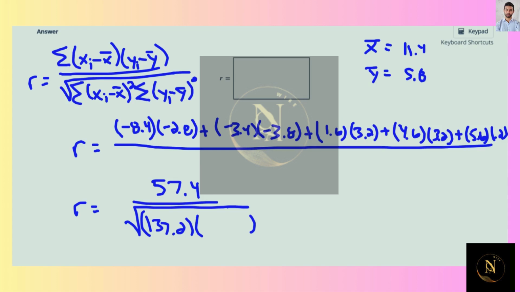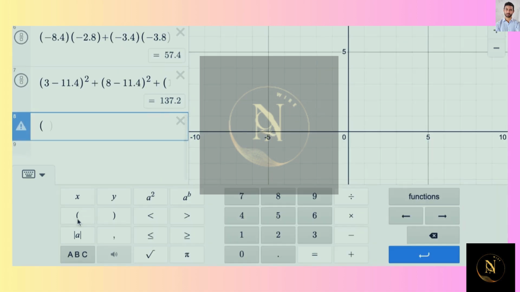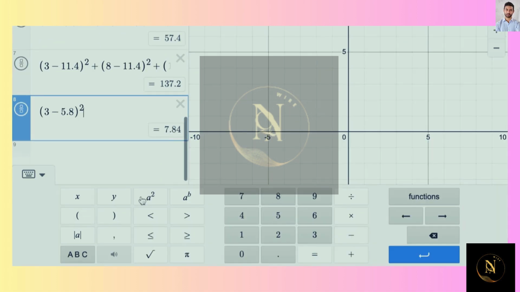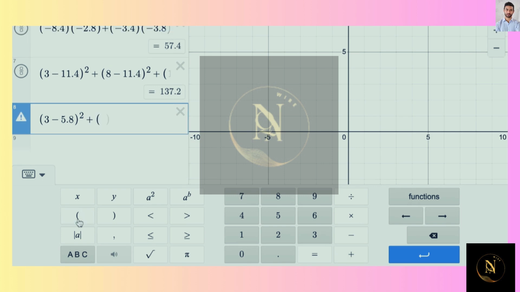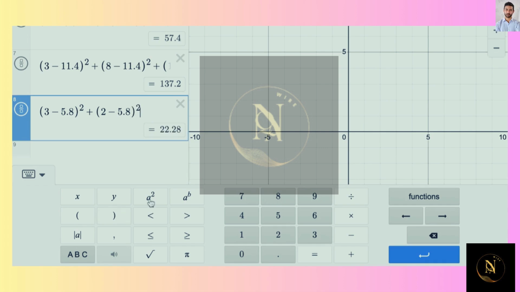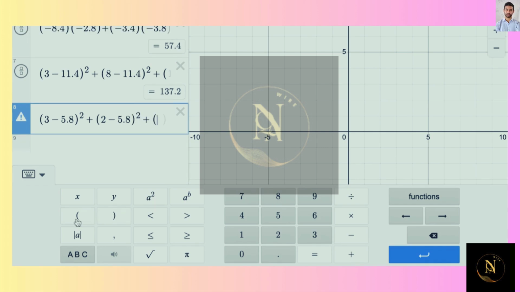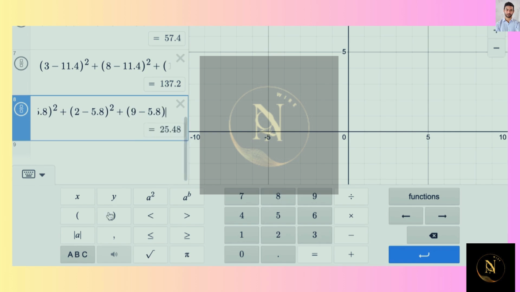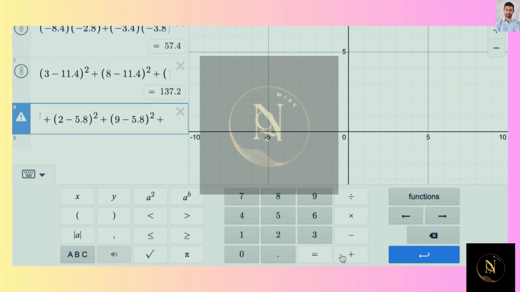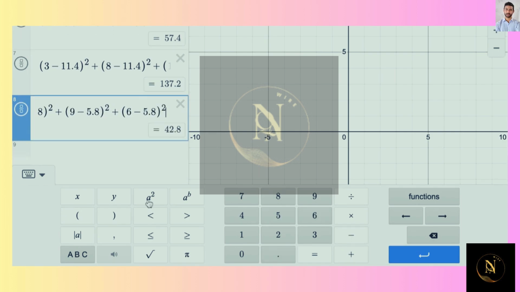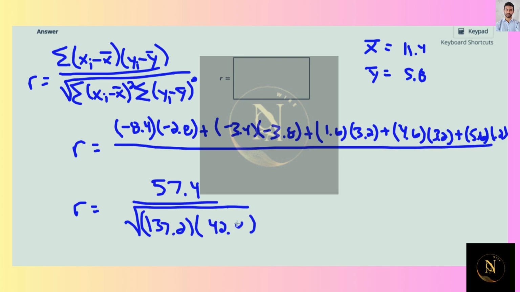With the mean of 5.8, that would be 3 minus 5.8 squared plus 2 minus 5.8 squared plus 9 minus 5.8 squared plus 9 minus 5.8 squared plus 6 minus 5.8 squared, which is 42.8. Those are the sums of the difference of the squares.